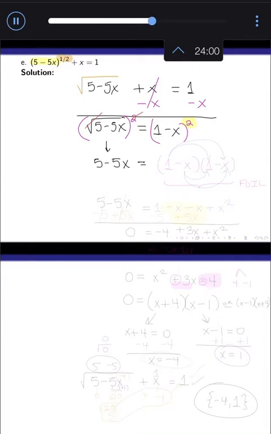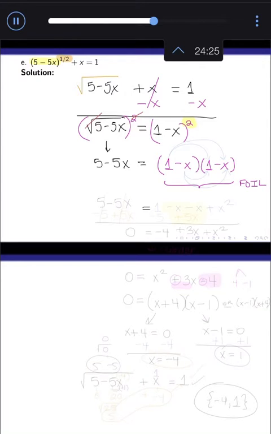Remember, the other side was squared, which means there are 2 copies of that 1 minus x there, 2 twins, which means I'm going to actually need to, on that right-hand side, again, FOIL. So let's go ahead and FOIL that right-hand side out first and see what we get.